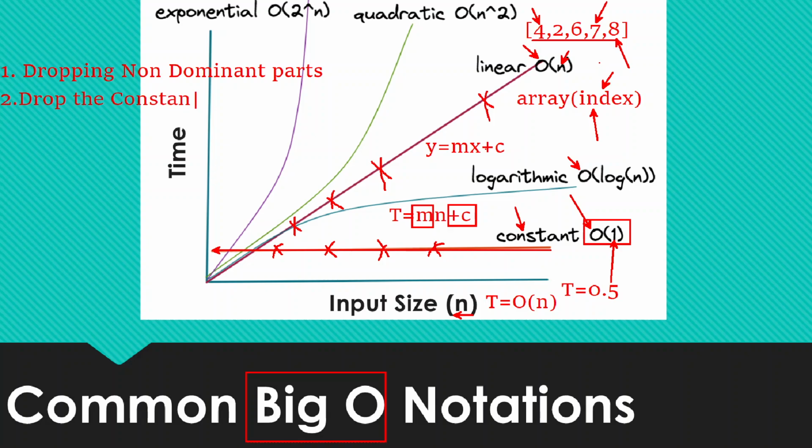Any constant is dropped. So if we do that with this equation, we begin by dropping c, then we are left with mn, and m is also a constant, so we drop it again. We are left with just n alone, and that now gives us our big O notation: T is equal to O of n, where n is the number of inputs, the size of the array, for example.